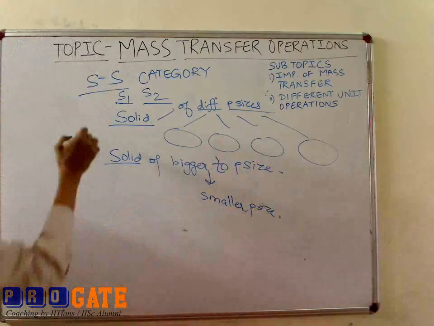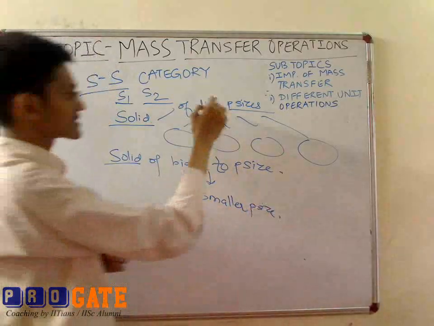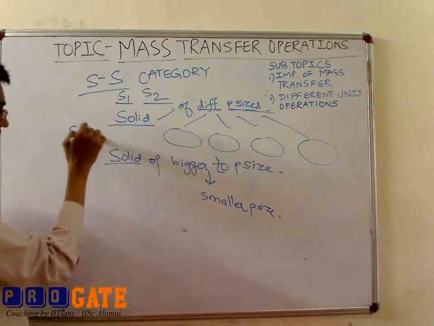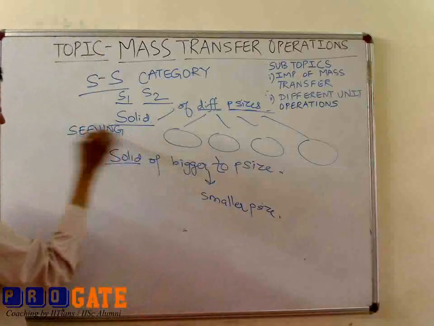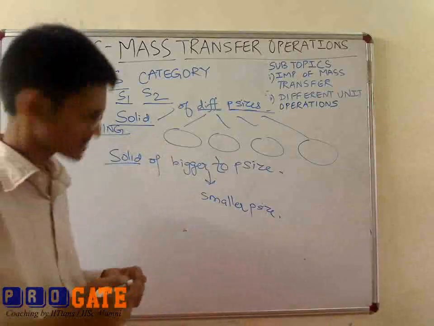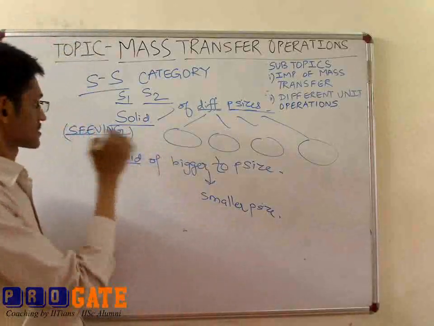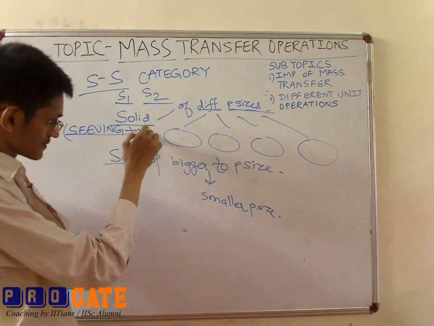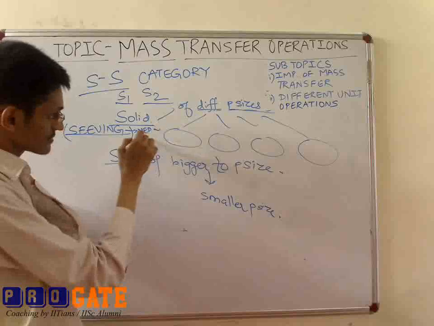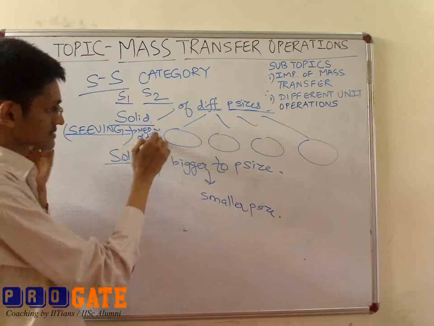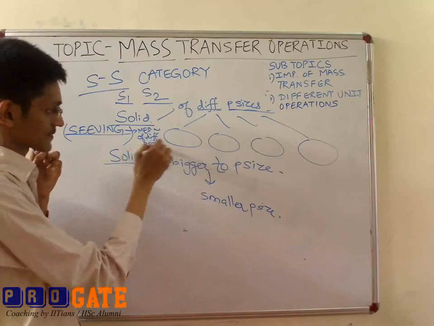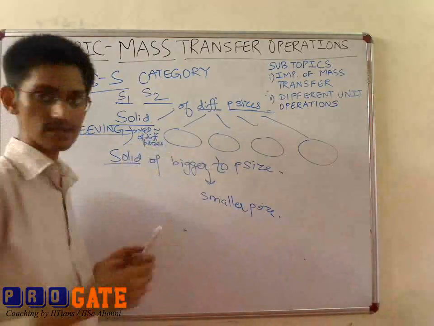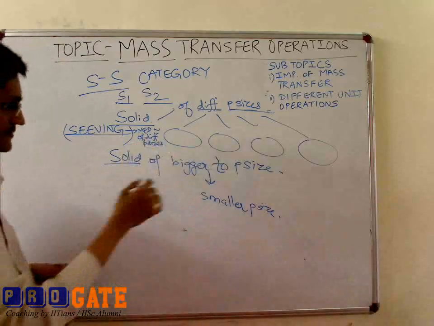So the operations involved would be, if you want to separate particles of different sizes, then it would be sieving. Again, that will involve using something similar to a filter medium of different pore sizes, through which the particles would get separated according to the particle size.